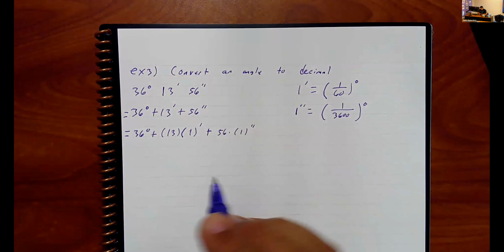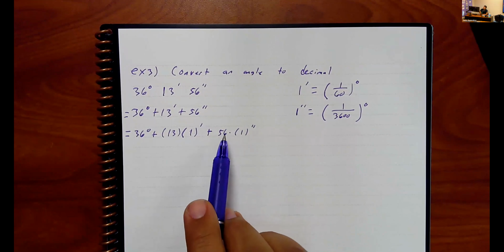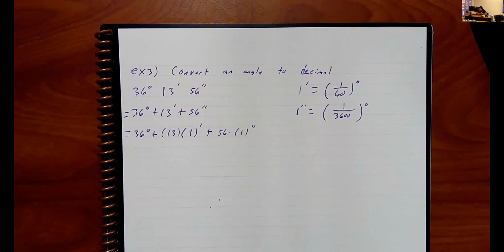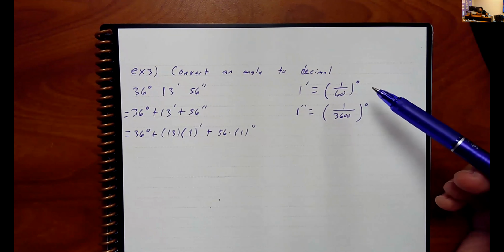That makes sense, right? 13 minutes is 13 times a minute. 56 seconds is 56 times a second. It's not weird. Once it's in this form, though, you can use these formulas to change it in just degree format.